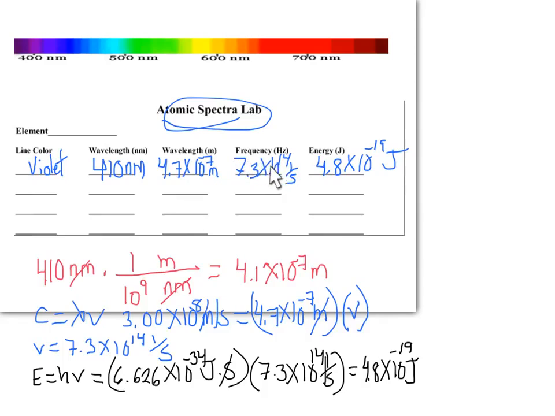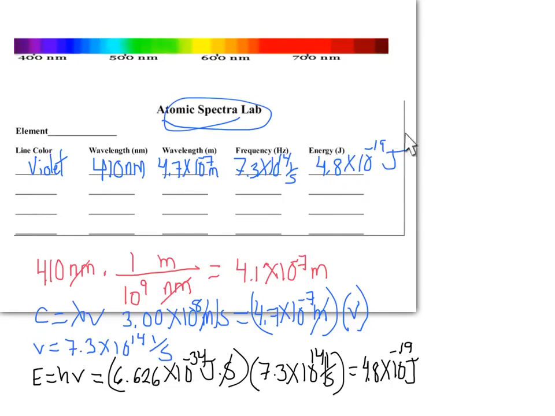What about frequency? Look at that number. It's a really big number: 7.3 times 10 to the 14th waves per second. That should make sense because it's a wave of light, so it should be traveling pretty fast and have a lot of waves per second. All right, good.